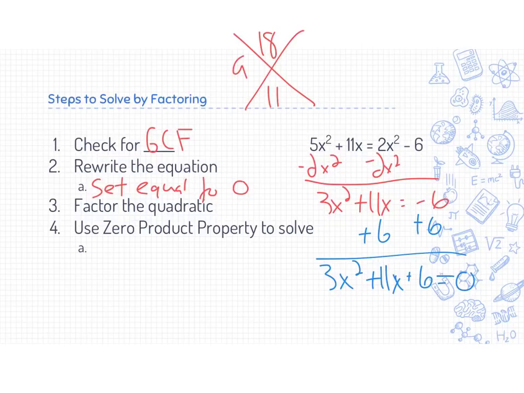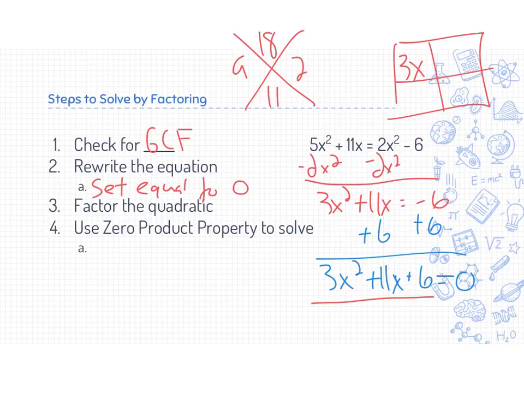So that'll be 9 and 2. Then we draw our box. And we get 3x, because remember this is the equation we're factoring now, not our original one up here, so don't use those numbers. So 3x squared, we get 9x and 2x, and then our 6 down there.